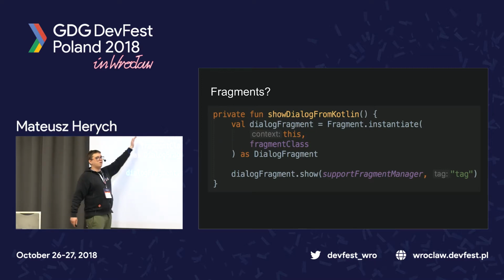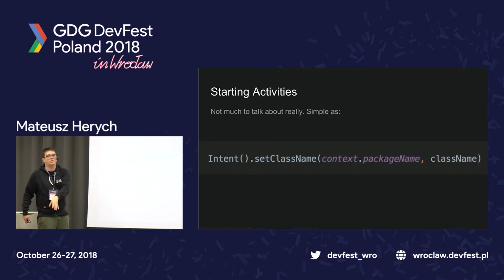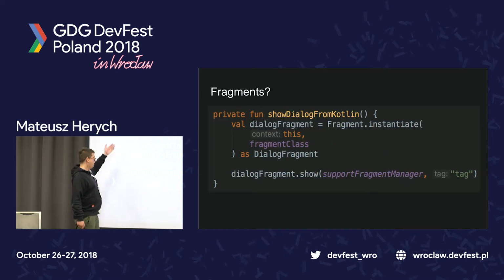Activities and fragments are easy because underneath they use reflection anyway, and they offer you a way to work with that reflection, so you don't have to bother. With the fragment, you just put the fragment class, and you are able to instantiate something right after the module gets installed.